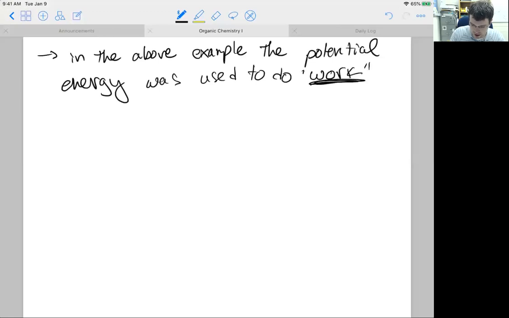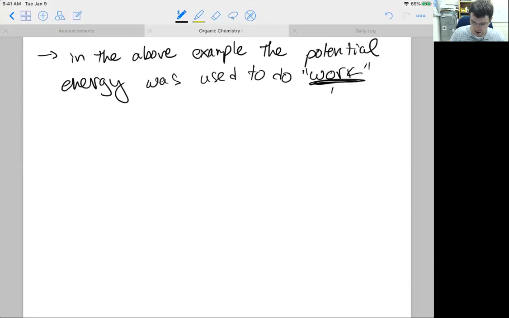Work is an actual technical physics term, and it's just kind of, if I paraphrase, how much something can do based on its current energy state. Okay, and you can learn a lot more about things like work in thermodynamics. It's a really important engineering and physics concept.